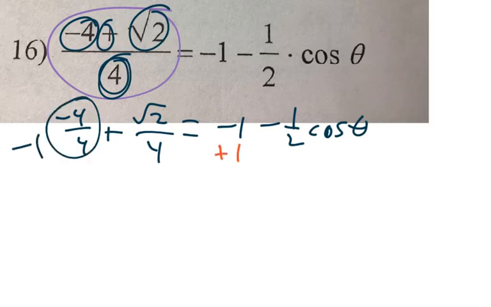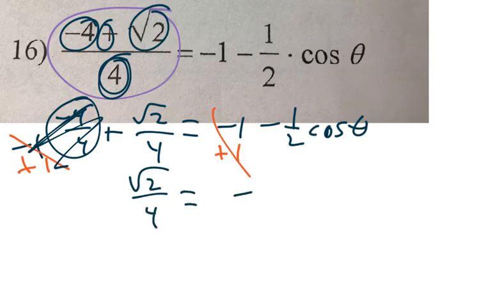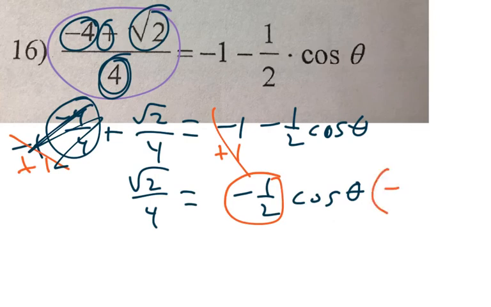So if I add 1 to both sides, it's gone. So if that's all gone, square root 2 over 4 is the only thing left, equal to negative 1/2 cosine of theta. Now guys, the way we get rid of this negative 1/2 is we're going to multiply by its reciprocal, which is negative 2, or negative 2 over 1.